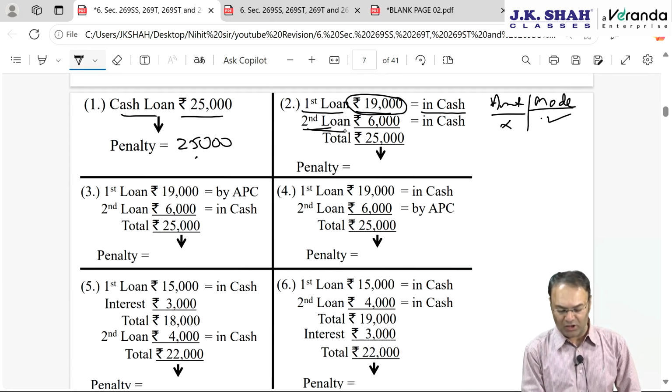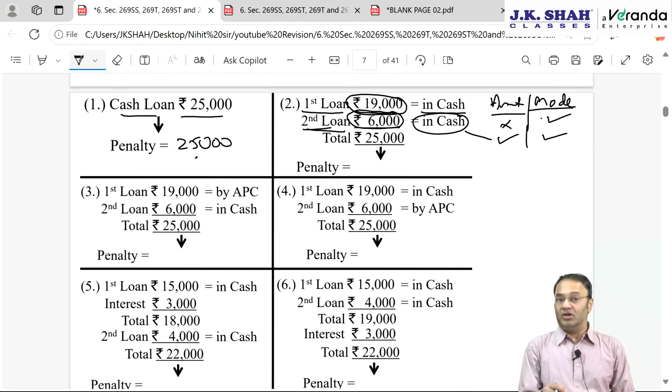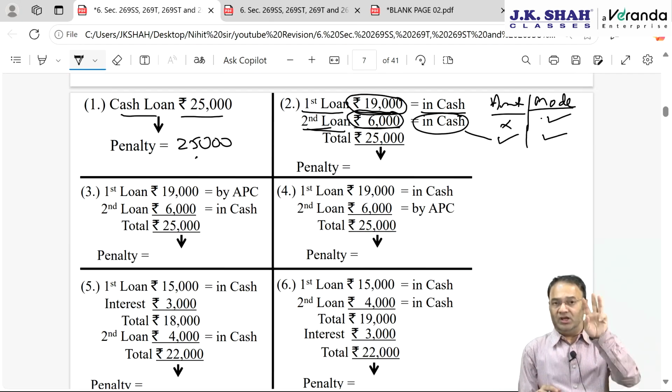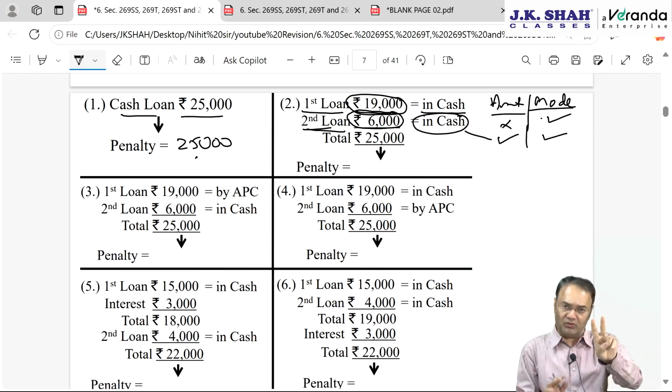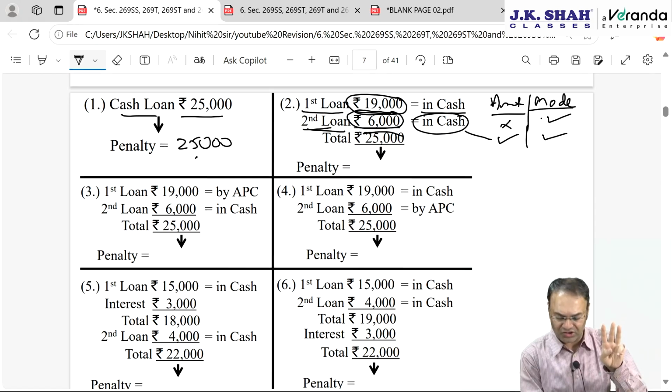But when I take the second loan from you, the amount is 6,000 and in cash, both the conditions are fulfilled. The amount is 20,000 or more. Not 6,000, any of the three. Either fresh is 6,000, which is below 20, outstanding plus interest which is 19,000, which is also below 20, but fresh plus outstanding is 25.